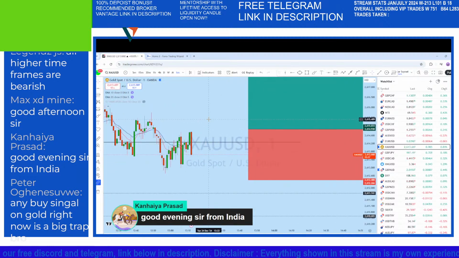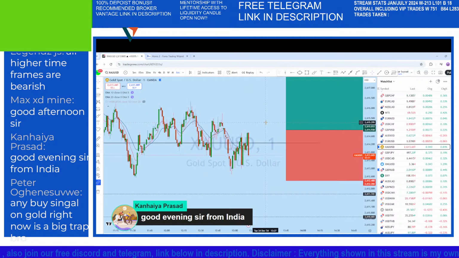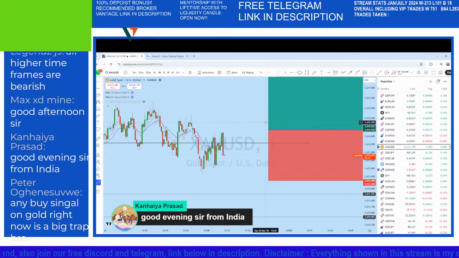Okay, so sideways movement sometimes causes a little annoying price action, that you can see it's forming that sideways movement.